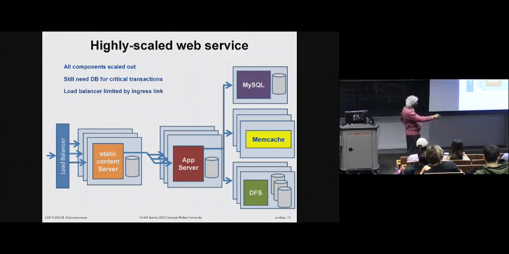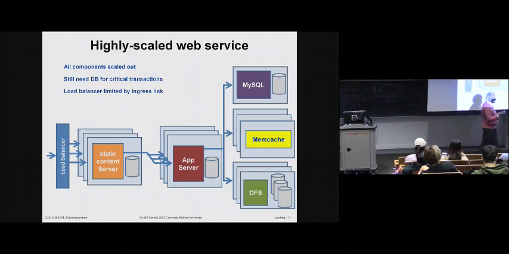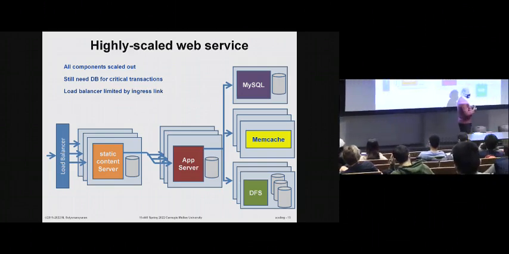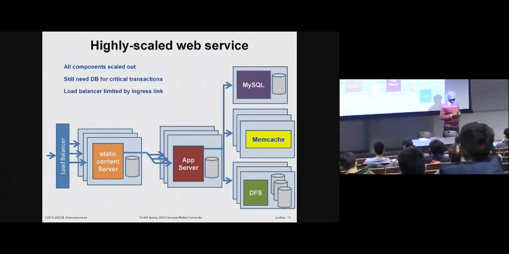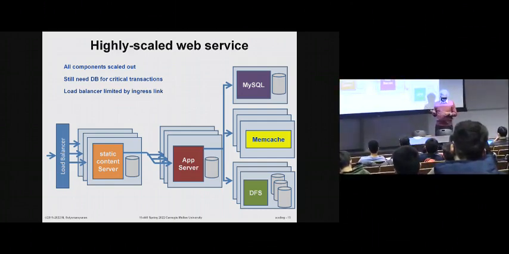You have scaled out memcache. And you have one scaled up, not scaled out, database. Right? This design is kind of the classic web server design in modern systems. And almost every one of them fits this picture quite well.